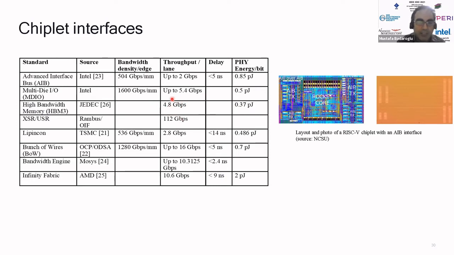There is an interesting standard which is actually picked up by academia, introduced by Intel, and you see one example from the University of North Carolina, implementing this AIB transceiver, and that's relatively going ahead for the interposer chip-to-chip communication. An interesting point about it is that you can connect the logic die next to another logic die, and it can be a good thinking for a standardized interface.